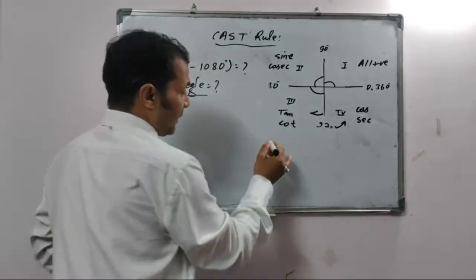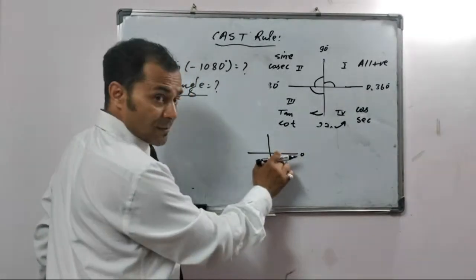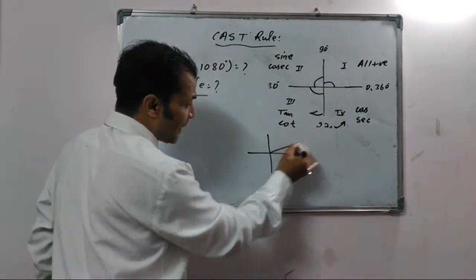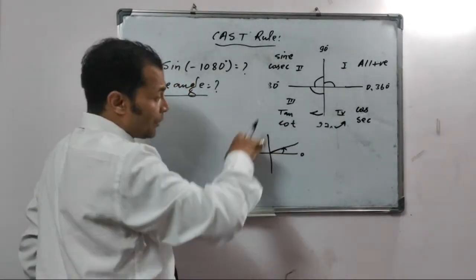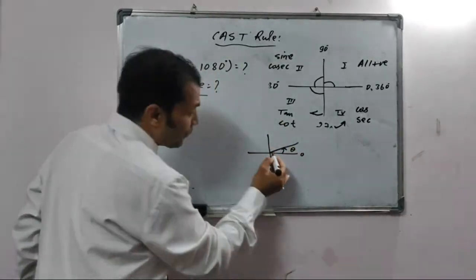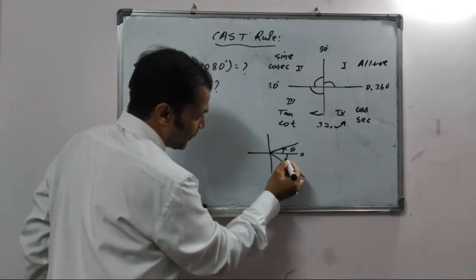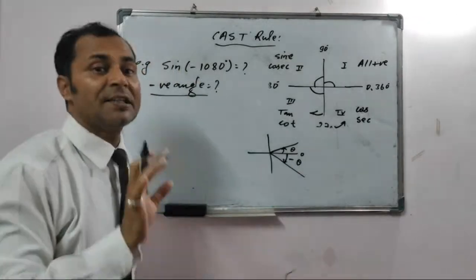Look here, let me clear it out. See, this is 0 degree, this is the base. Generally we draw the line and go in the anti-clockwise direction. So if you go like this, it is simply theta, the positive angle. But if you go the opposite direction, it is called a negative angle, minus theta.